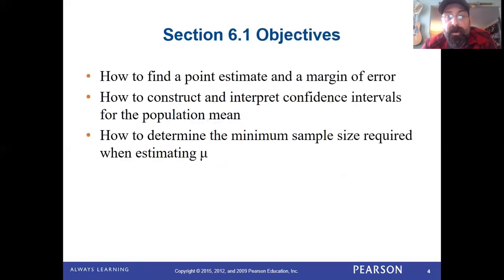So in section 6.1, we have the following objectives. We want to find a point estimate and a margin of error for the population mean. So we're going to use an X bar to try to approximate mu. We want to construct actual confidence intervals. We'll explain those a little bit more in a moment. And then we're going to talk about determining a minimum sample size requirement when we want to estimate the actual population mean.